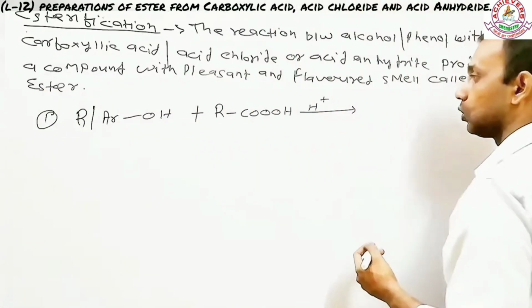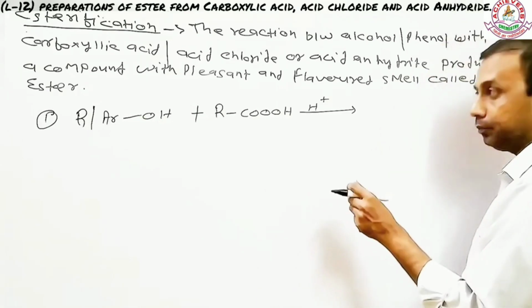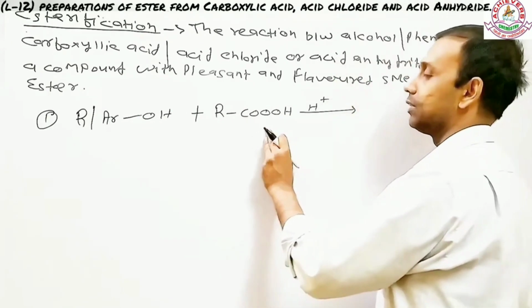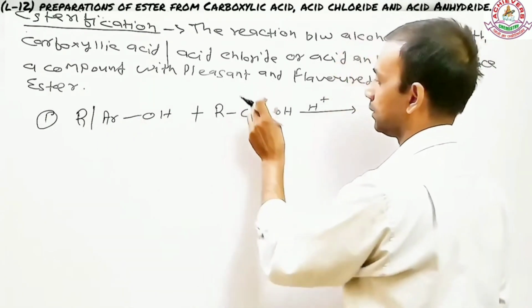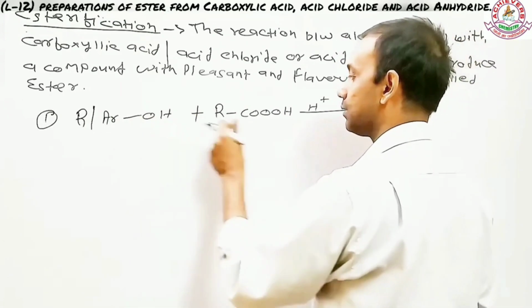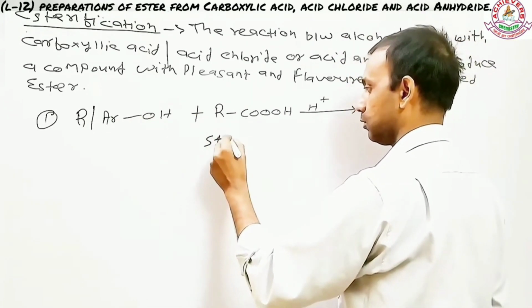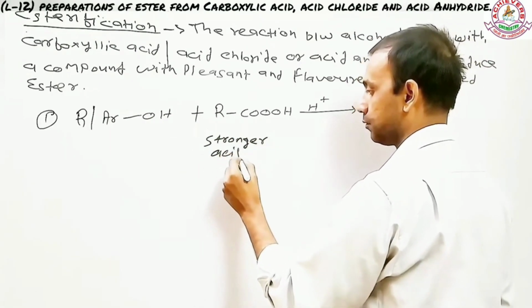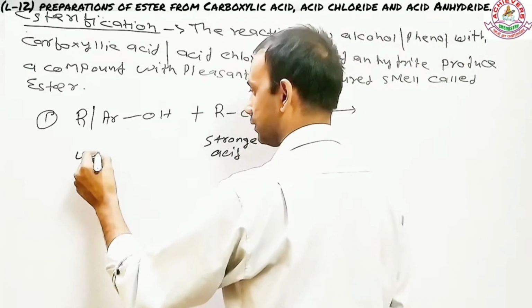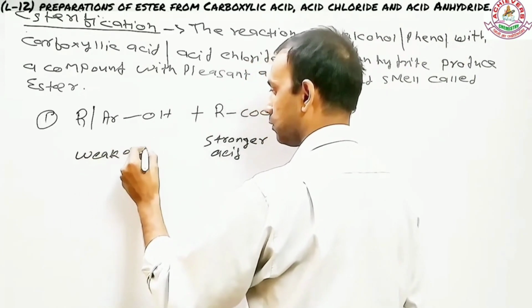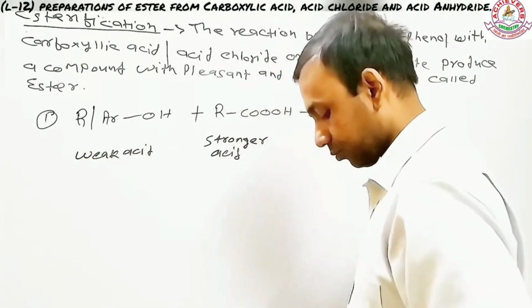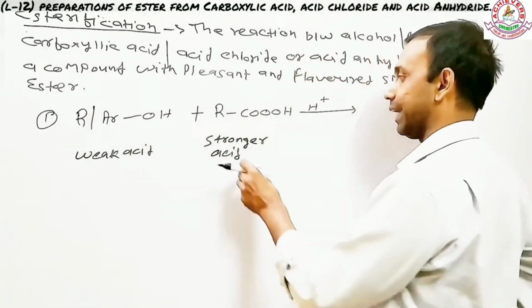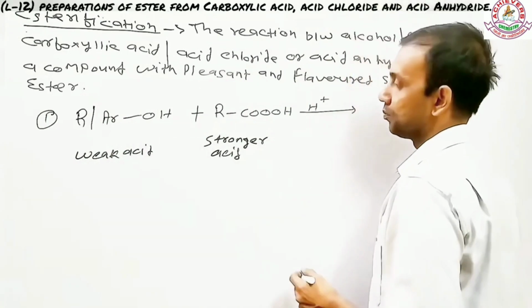You just need to understand that carboxylic acid is a stronger acid, and alcohol or phenol is a weak acid. An acid is basically a proton donor.